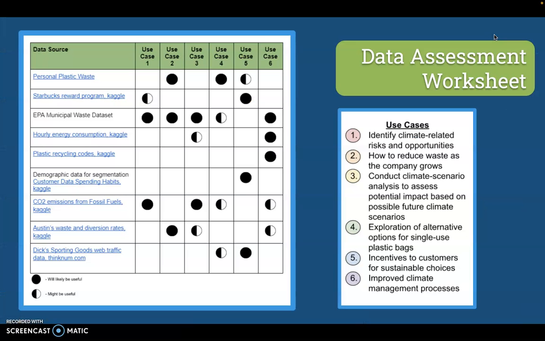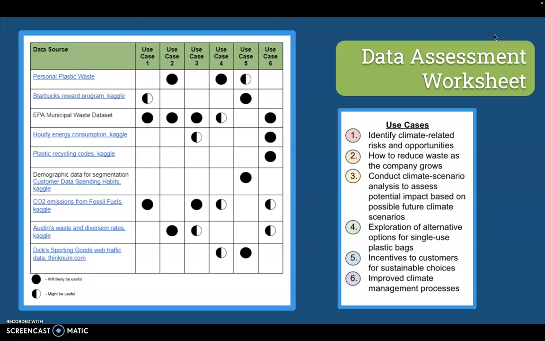So the data assessment worksheet. So looking at data sources and then use cases, you can see that for use case 1, the Starbucks Rewards program through Kaggle might be useful, but what will likely be useful to us would be the EPA municipal waste data set and the CO2 emissions from fossil fuels.